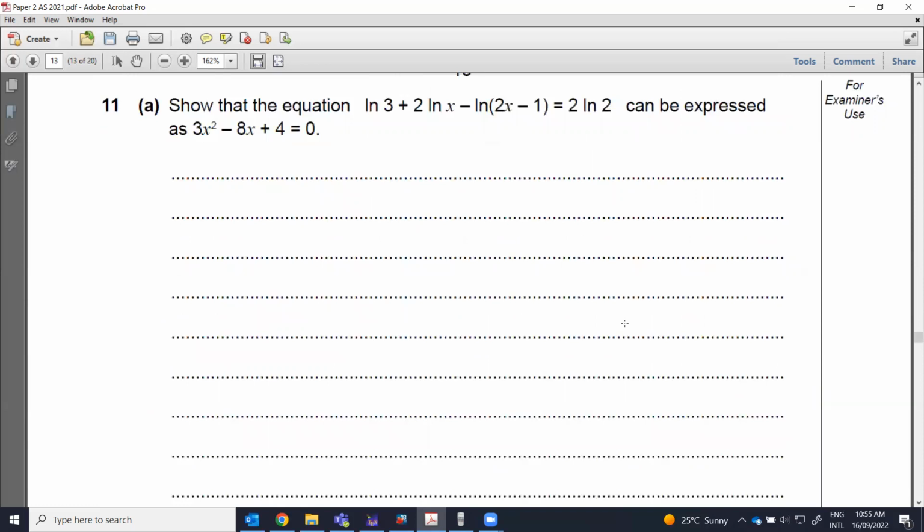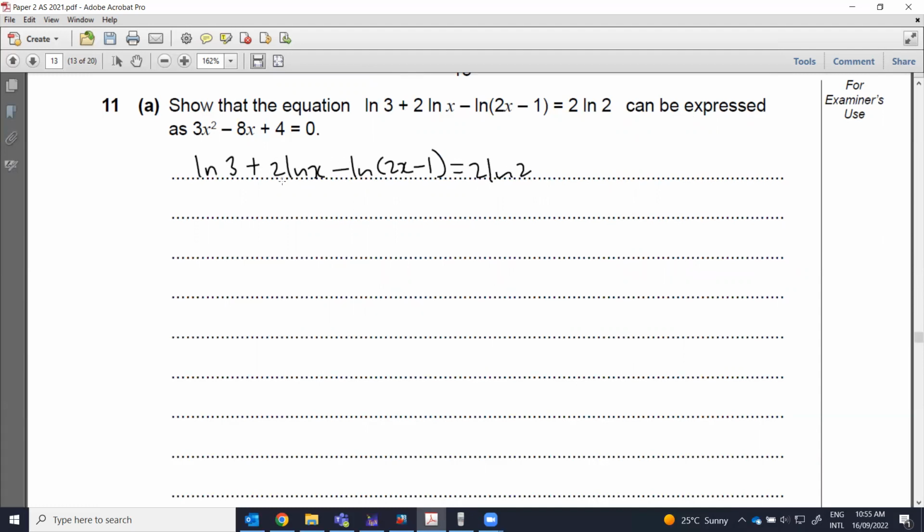Okay, question 11. Show that the equation ln of 3 plus 2 ln of x minus ln of 2x minus 1 is equal to 2 ln of 2 can be expressed in this form. Okay, let's get to it. Ln of 3 plus 2 ln of x minus ln of 2x minus 1 is equal to 2 ln of 2.